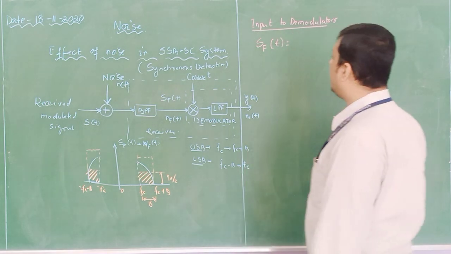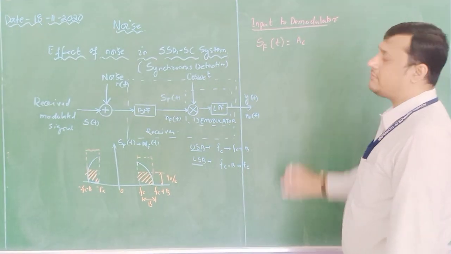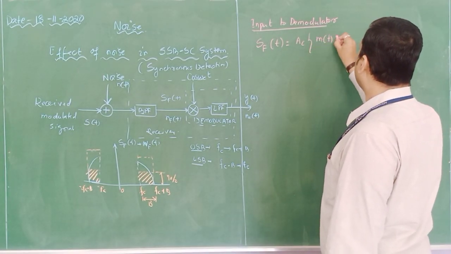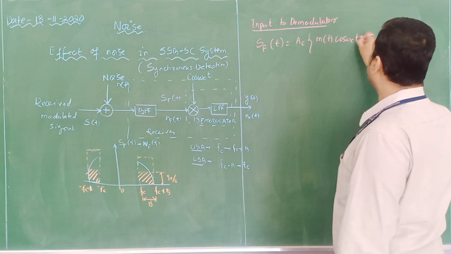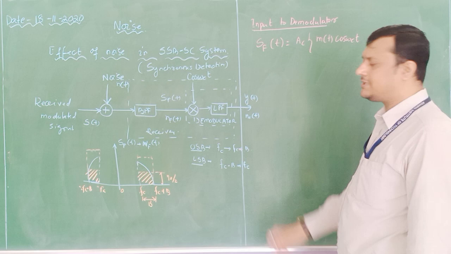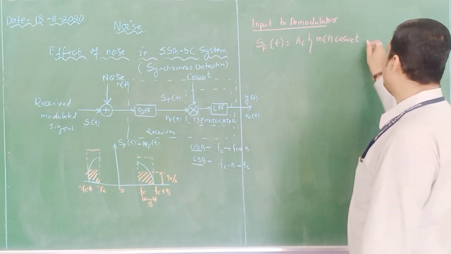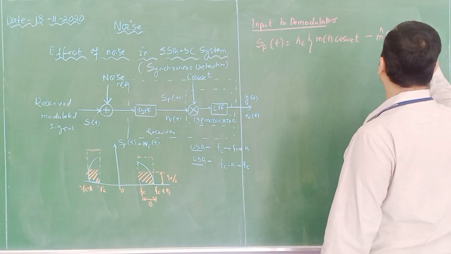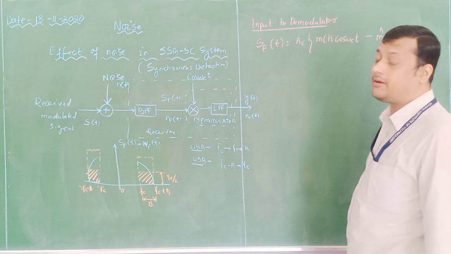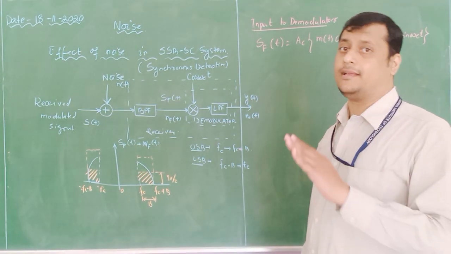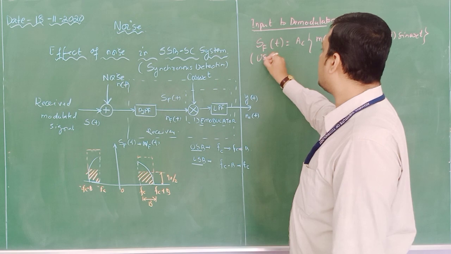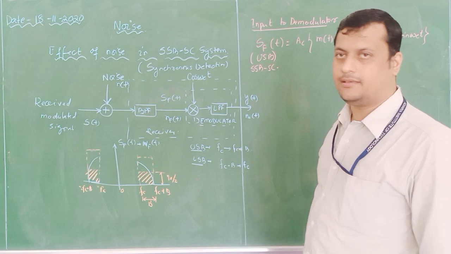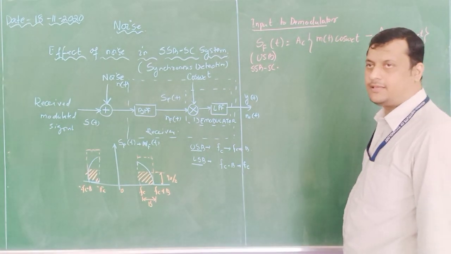So we need to represent the equation as m of t cos omega ct. If it is a plus, upper sideband, if you expand it, you will get a negative component, that is m cap of t sin omega ct. This is the expression for the SSB-SC signal for upper sideband. So this will be my input signal.